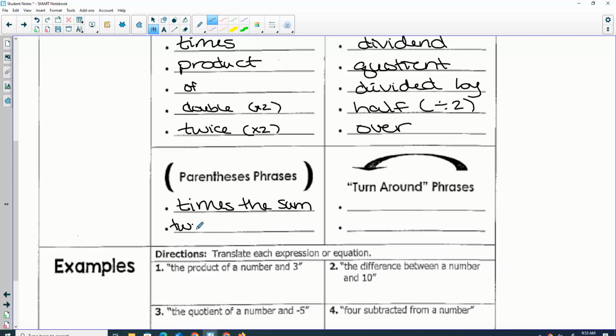Or if I said twice or times the difference. So when I'm talking about multiple things, we would have to find the sum or difference before we could then multiply it. So in that case, you would need parentheses to act as grouping symbols.